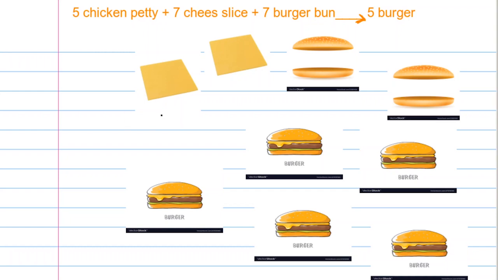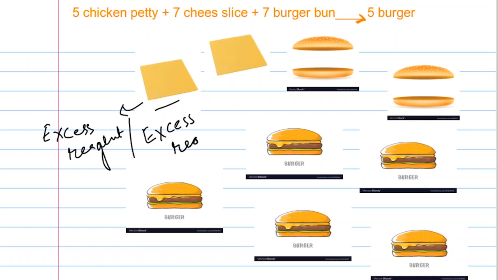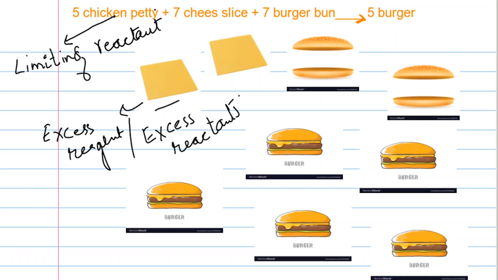The remaining part is called the excess reagent or excess reactant, whereas the chicken patty, which is completely used up in making the product, is called the limiting reactant. The reactant which is completely used up is called the limiting reactant. I hope you got this concept.